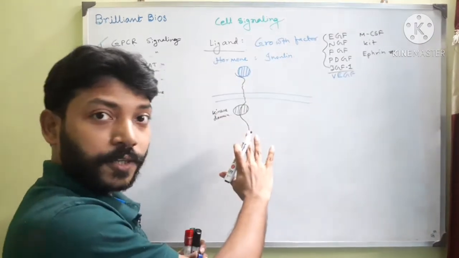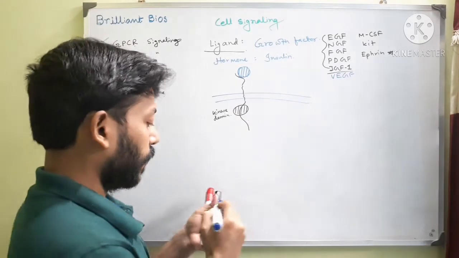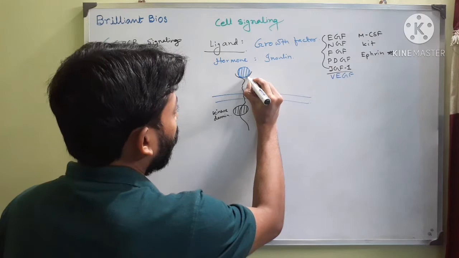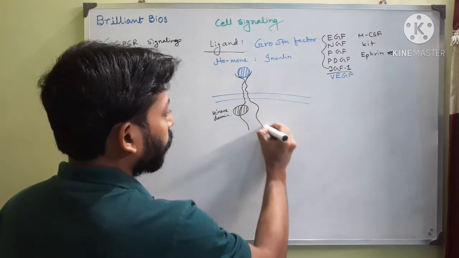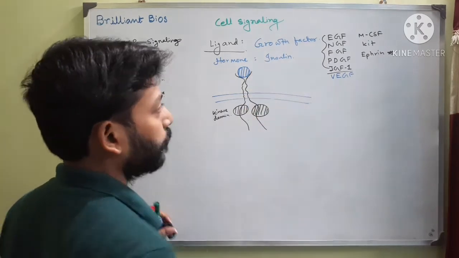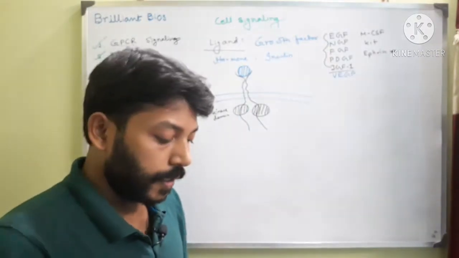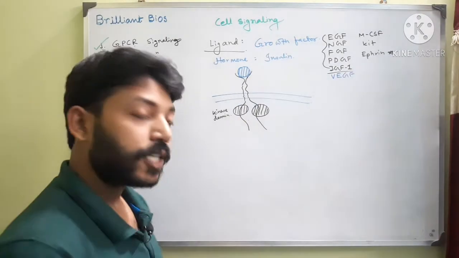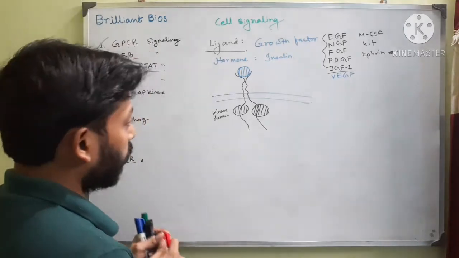this monomeric receptor then dimerizes with another receptor. So they dimerize. This occurs when the ligand binds. So let's suppose this is the other receptor of the growth factor. This is the growth factor. When this dimerization occurs, there is a loop present in this kinase domain that prevents the activity of the kinase enzyme.